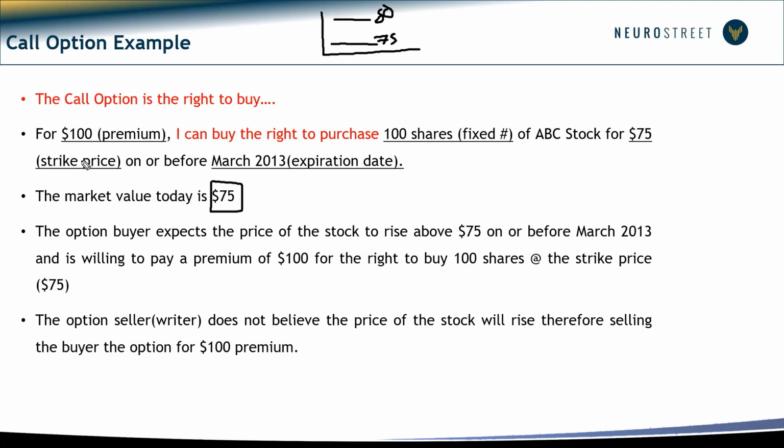So what you're saying is I'm willing to buy an options contract to purchase 100 shares at $75 before the contract expires. And then when the stock value goes up, you exercise your option and you make a profit on this spread because you have the locked in price of $75.